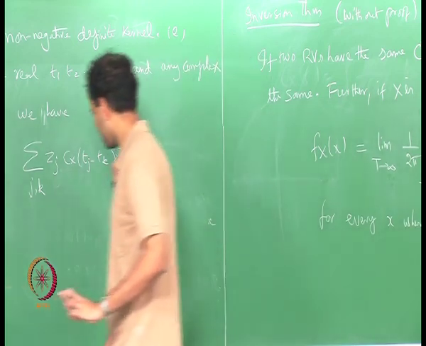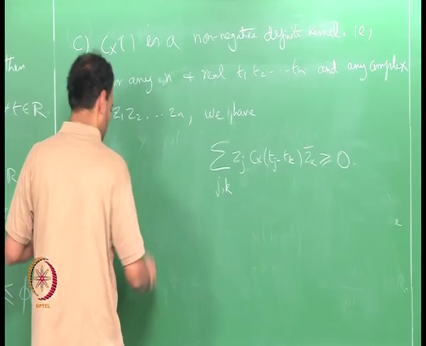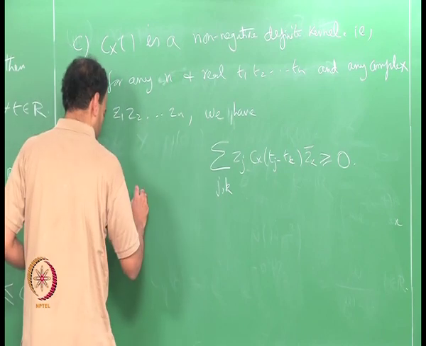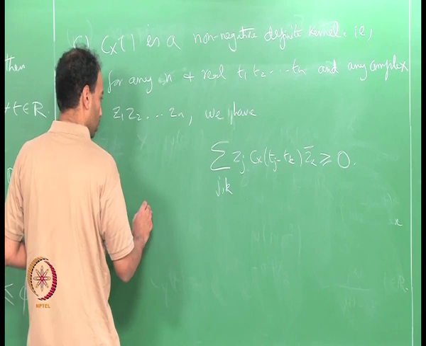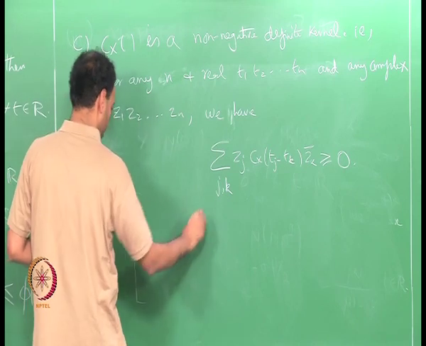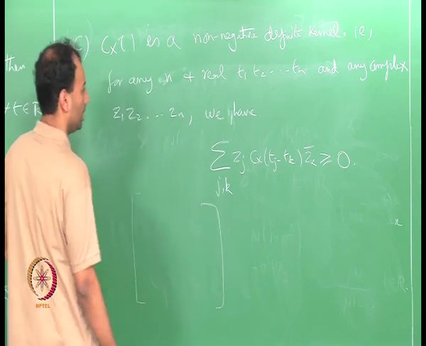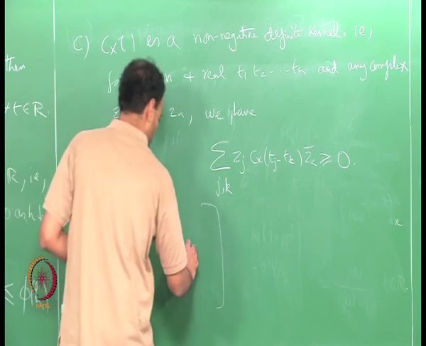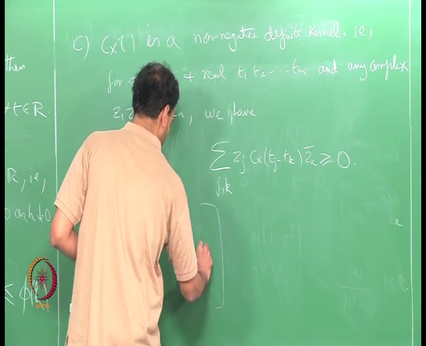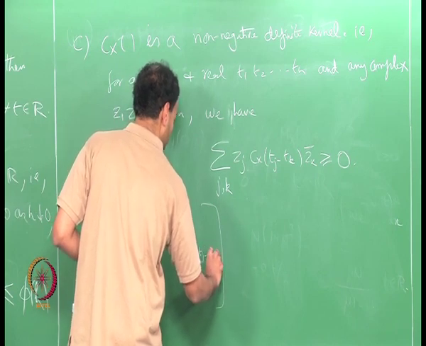And then, let me put this in a matrix form, so that it is a little bit easier to digest. You are looking at a matrix in which the jkth entry is C x of t j minus t k.